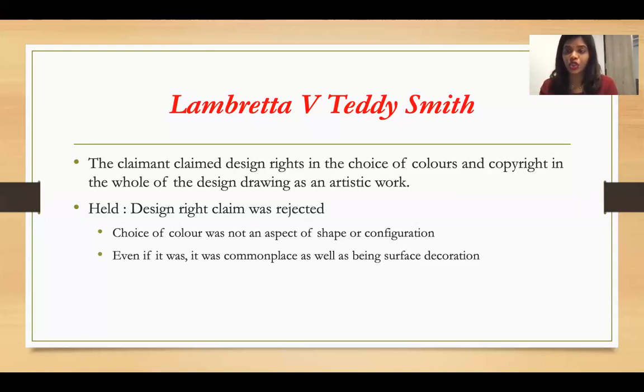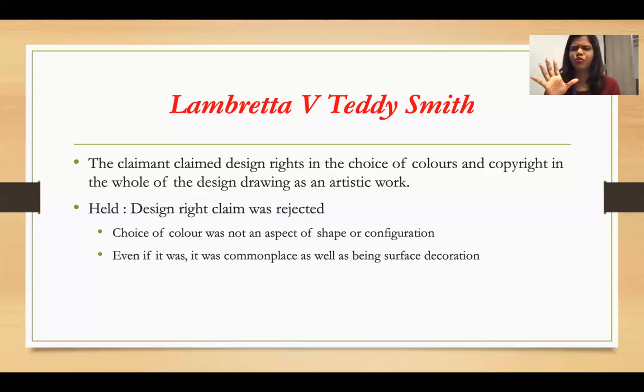So remember, I told you at the very initial, claimants will always try to claim under copyright first. So similarly it happened in the case of Lambetta. Lambetta tried to rely on copyright, but here specifically relying on the color of the t-shirt, because their t-shirt was of a very retrospective theme.